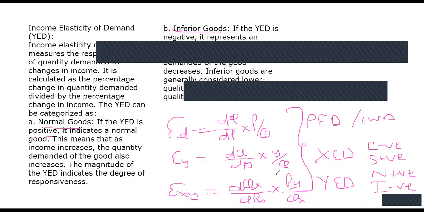An inferior good simply means that when your income goes up, the quantity demanded will go down. For instance, Salaula clothes, second-hand clothes: when income goes up, we demand less of them.